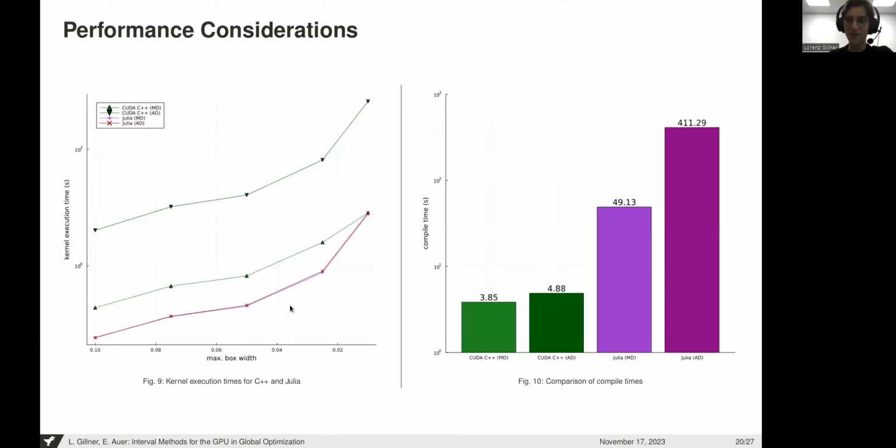But the compile times of Julia implementations are much, much larger as compared to classical C or C++. So this is the point where one has to ask which is more important, the faster execution time, or do we want to wait almost a minute or even many minutes for a kernel just to compile?